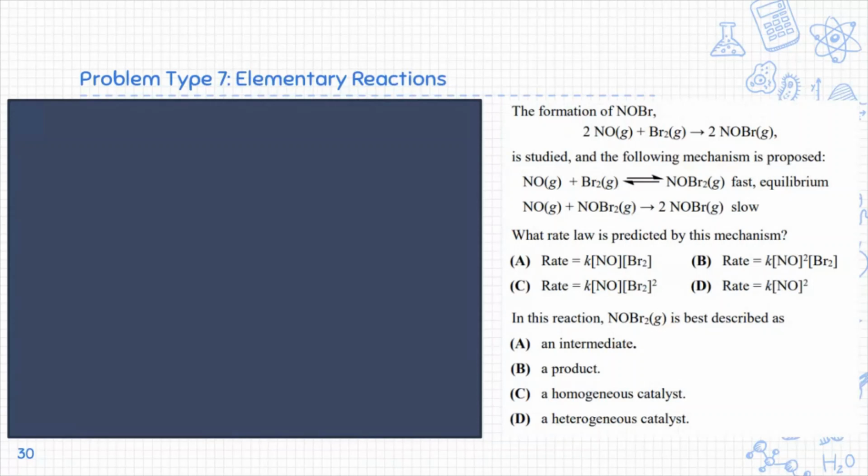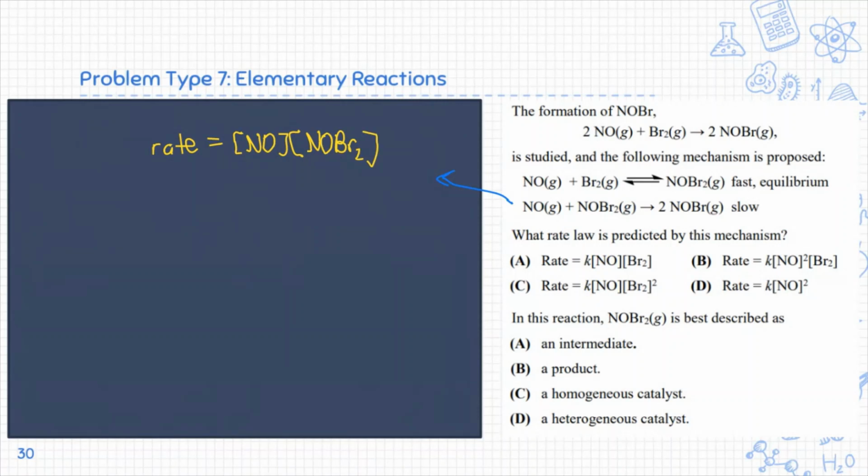All right, so elementary reactions. They give you the mechanism. The first step seems like a fast equilibrium, and the second step seems like the rate determining step. It's the slow step. Cool. So we know that this is the slow step, so this will basically determine the reaction rate. So rate will equal k times NO and NOBr2. But what do we see here?